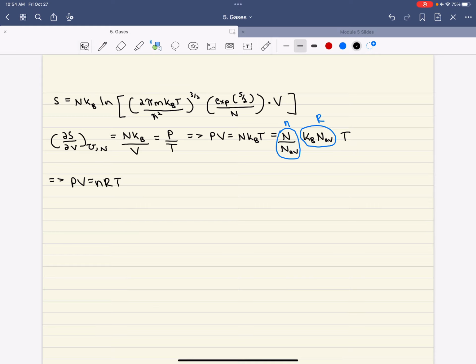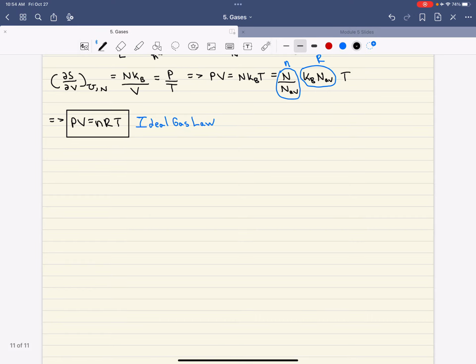And so using the Sackur-Tetrode equation and the properties of entropy, we have now derived the ideal gas law. Okay? All right, so that's one example of the utility of the Sackur-Tetrode equation.